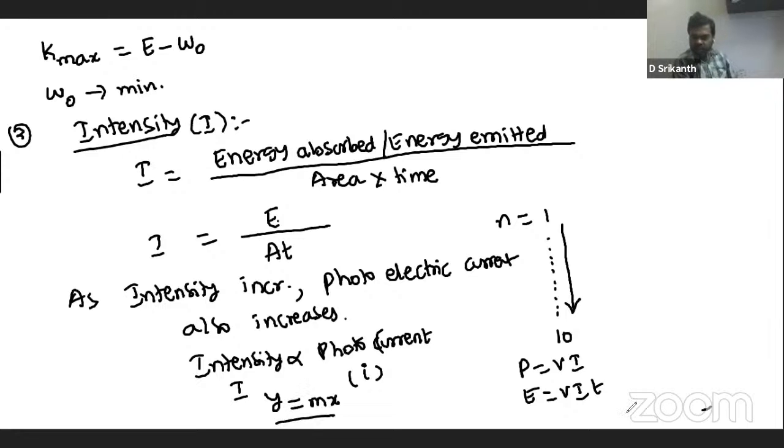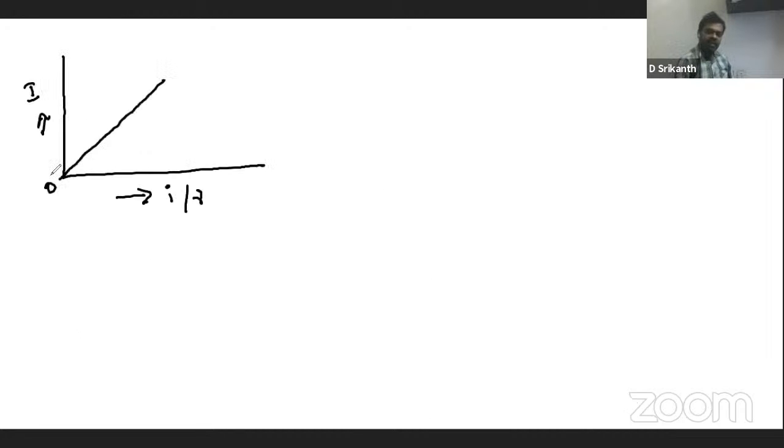That's why the shape of the graph is a straight line passing through the origin. When there is no intensity, there will be no photoelectric current, or no photoelectrons are emitted.